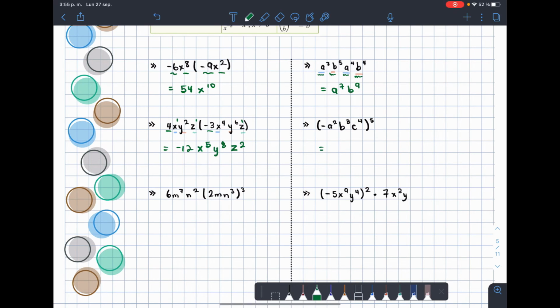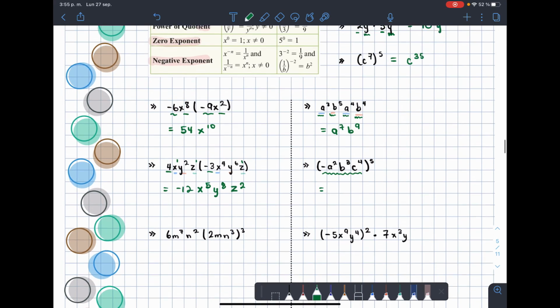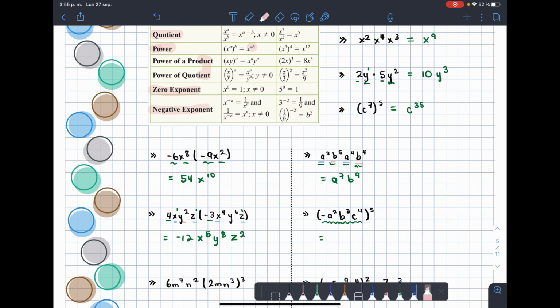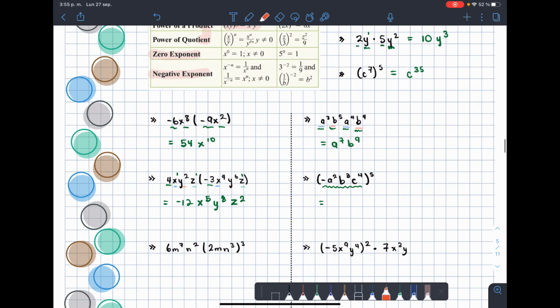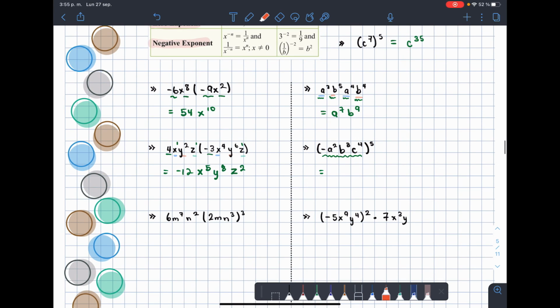In this next example, what we have is an expression that has many terms to an exponent of 5. So for that, we're going to apply the property about the power of a product that says that when we have a power, that power applies to each of the elements that are inside the parentheses and are multiplying. In this case, that's what we're going to do.